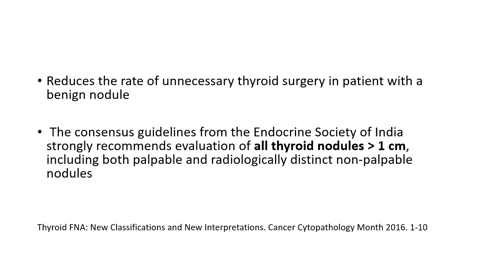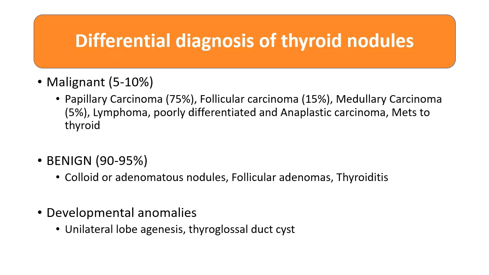The consensus guidelines from the Endocrine Society of India strongly recommend evaluation of all thyroid nodules more than 1 centimeter, including both palpable and radiologically distinct non-palpable nodules. So whenever we have a thyroid nodule, we should have a differential diagnosis in mind. We have seen 90 to 95% of these nodules will be benign.